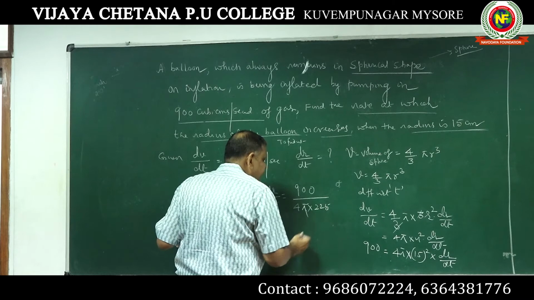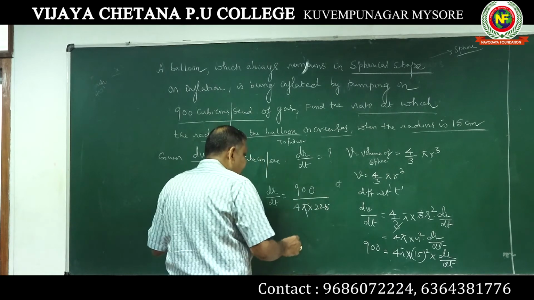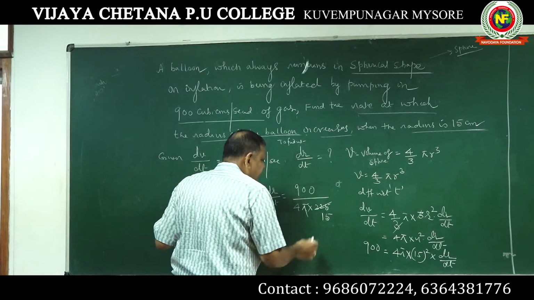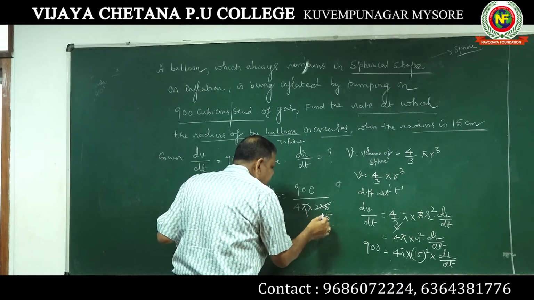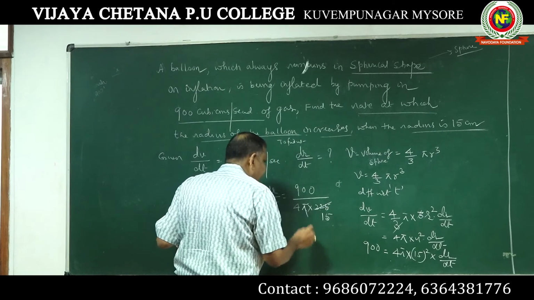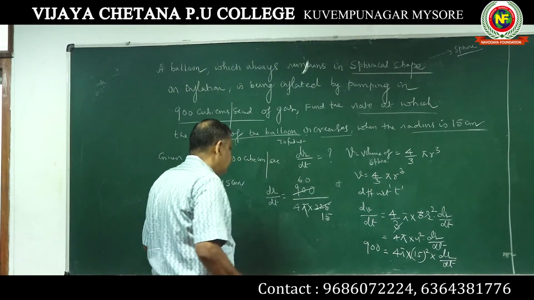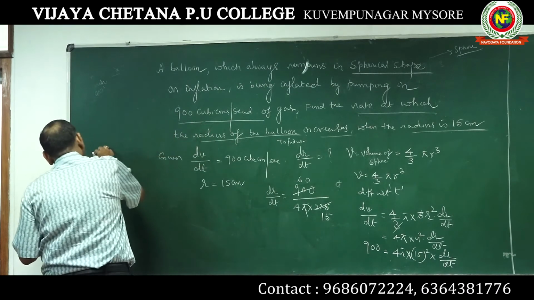It is not 4 times, it won't go. Now it is 15, you can cancel. 15 5s are 75, 15 6s are 90, 15 into 6, how much?